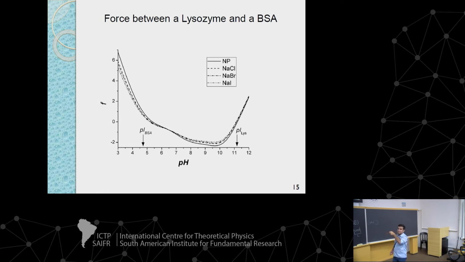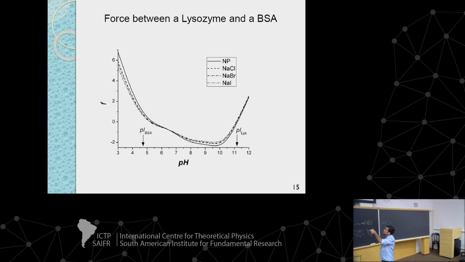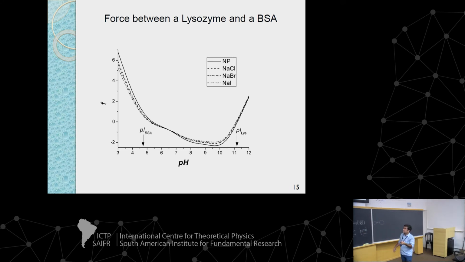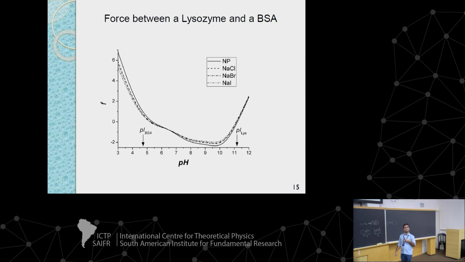So again, we have repulsion. And in the middle, we have attraction because one of them is positive and the other is negative. Okay. Of course, it's not exactly at the isoelectric point that force is equal to zero because we are considering also other contributions. Okay. Any other question before I move to DFT?